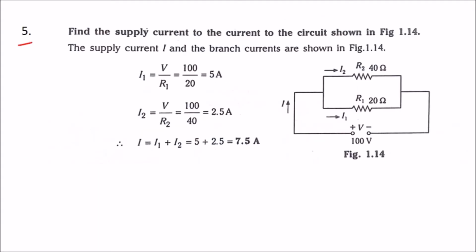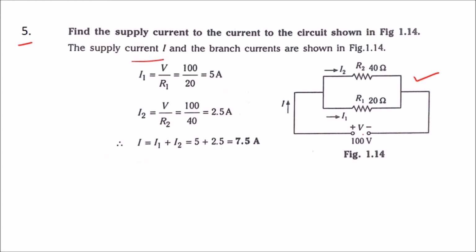Number 5. Find the supply current of the circuit shown in figure 1.14. The supply current I and the branch current are shown in the figure. So in this circuit, the resistances are connected in parallel. As we know, if the resistances are connected in series, the current passing through the resistances will be the same, whereas if the resistances are connected in parallel, the voltage across the resistances will be the same.